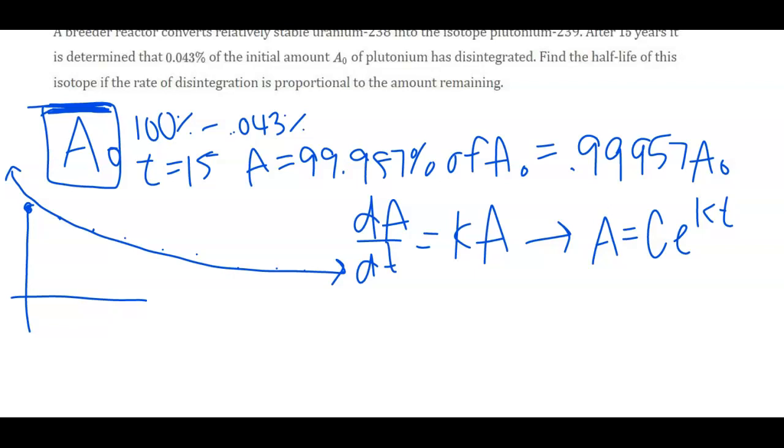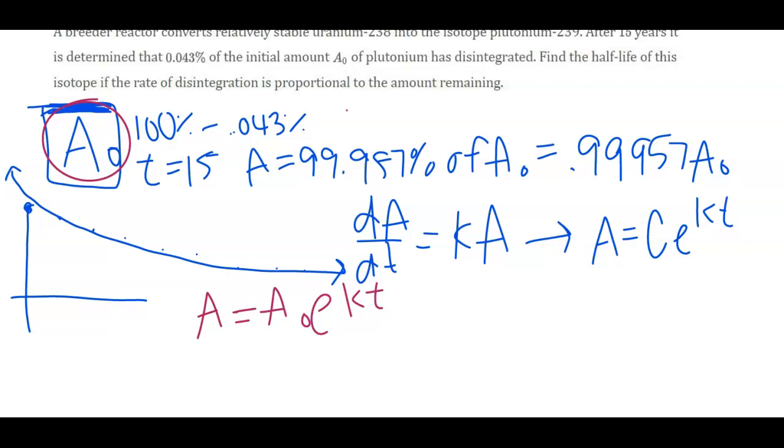So let's plug in our initial condition, A naught. At time 0, A is equal to A naught, e to the kt. Be careful, because on some of these there's going to be a plus or minus constant in front. That's going to change things. But when it's just C e to the kt, A naught is your C. You can plug in t equals 0, solve it, and find that.